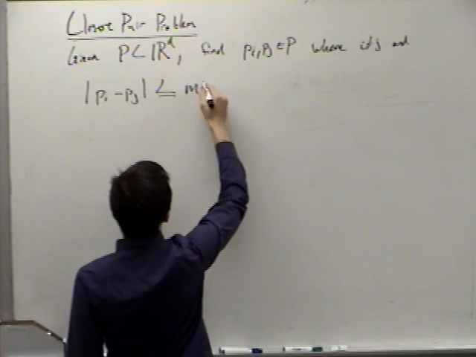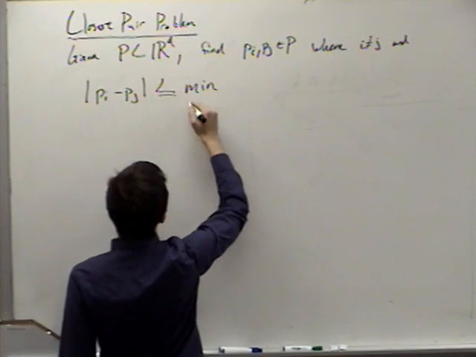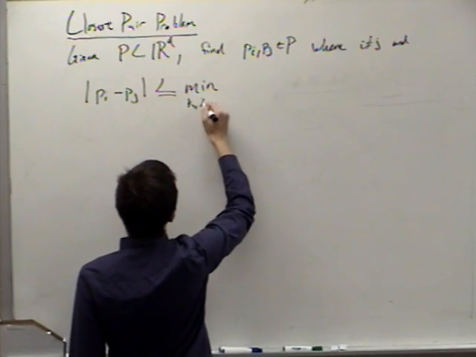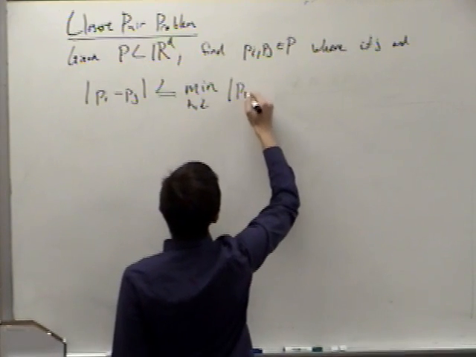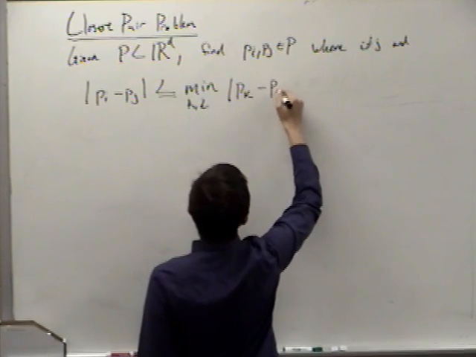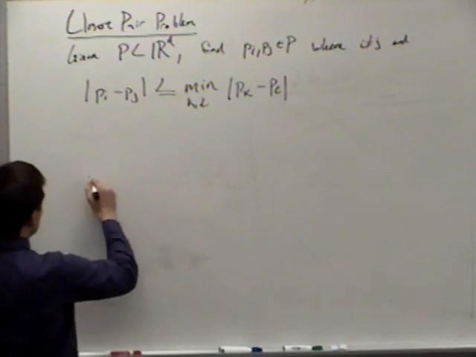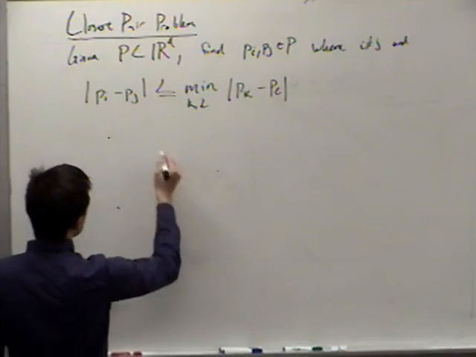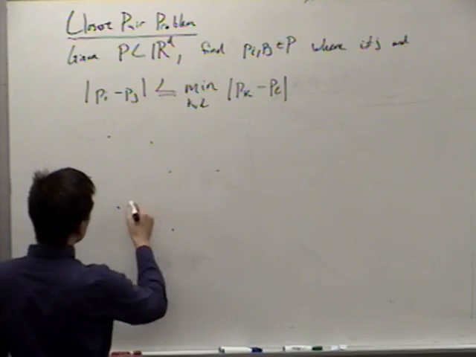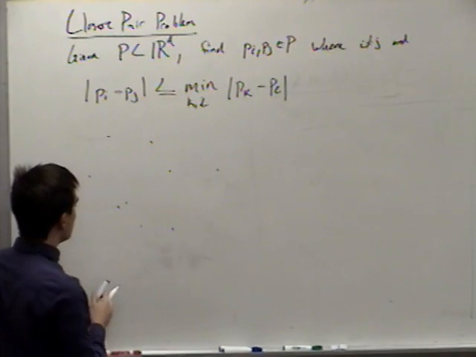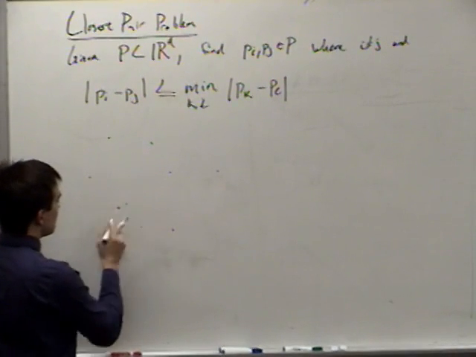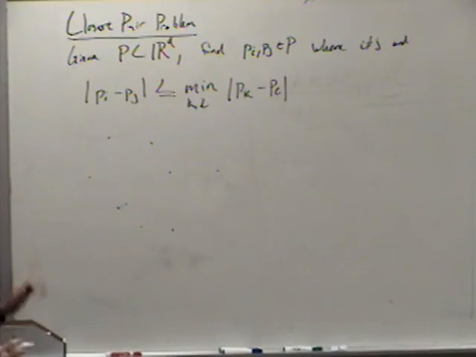So we'll say it's basically the min of all the distances between p_k and p_l. So maybe we have a bunch of dots here, and say these two happen to be the closest pair of dots. So we want to report this closest pair.